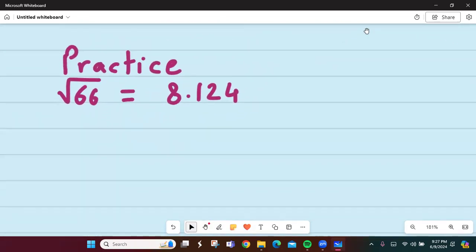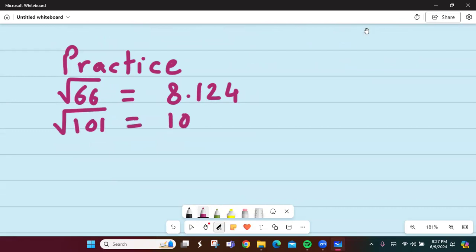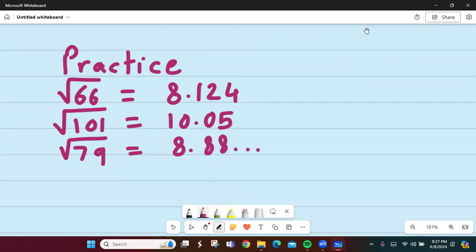Then square root of 101, which is 10.05, then square root of 79, which is 8.888 recurring, and square root of 250, you'll get 15.811 and so on. So just verify using this method.